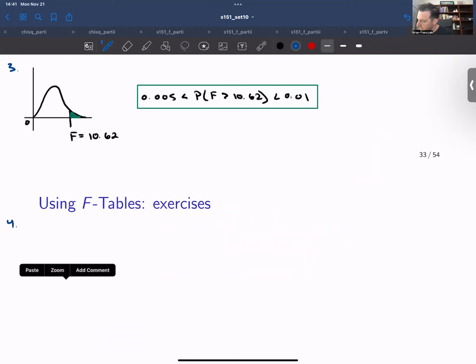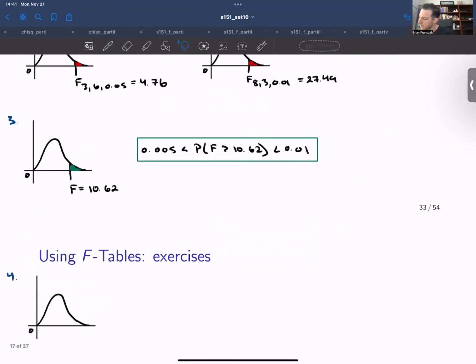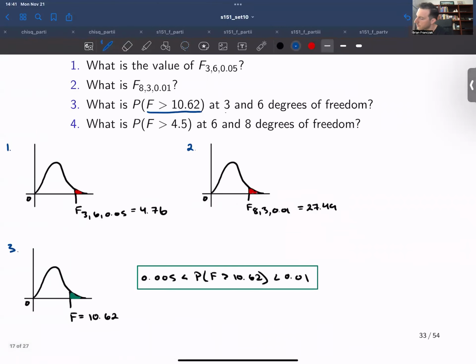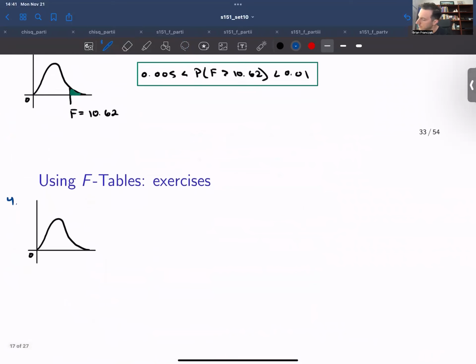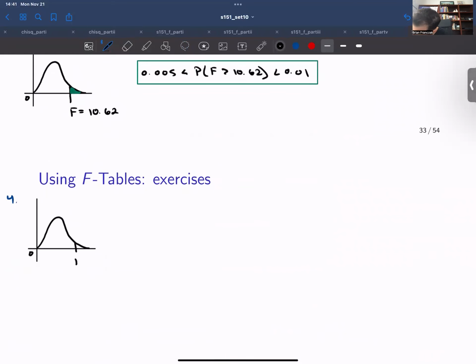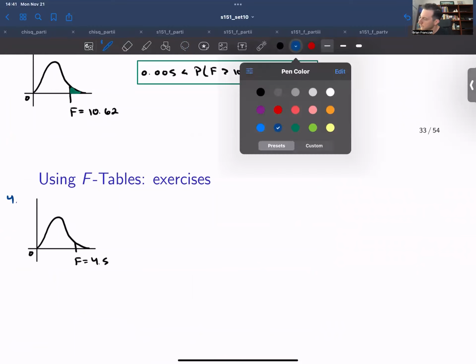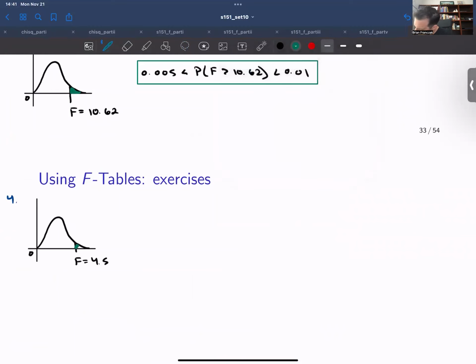Okay, and then in the last example, it's the same style of problem. So the starting point here, we sketch out our F curve. Now our test statistic value is 4.5, and we're at 6 and 8 degrees of freedom. So we would just mark down F equals 4.5. Just like in the previous problem, we want to find this area here.